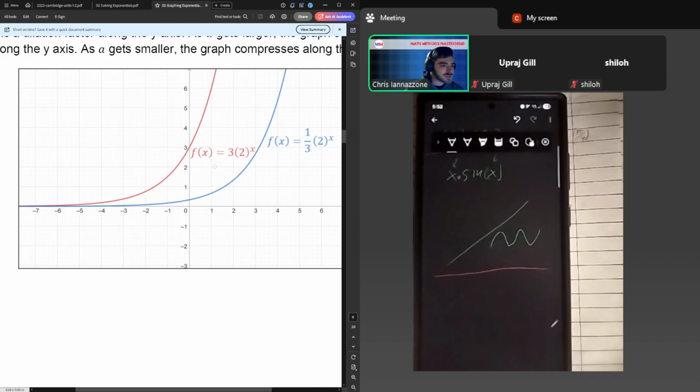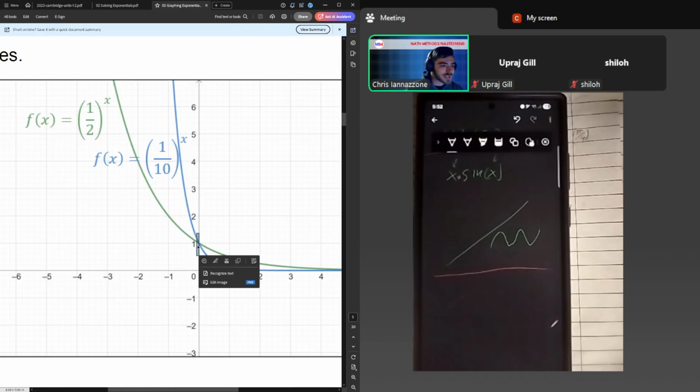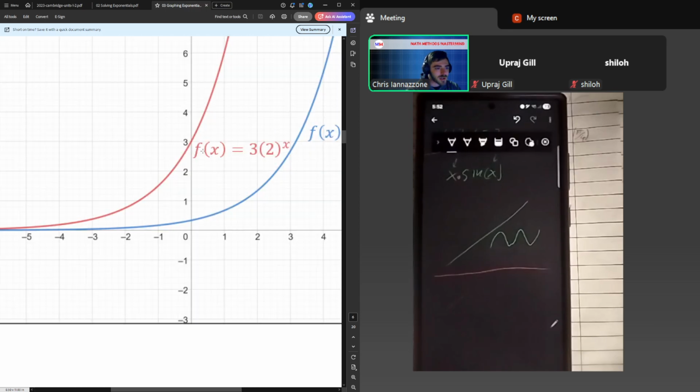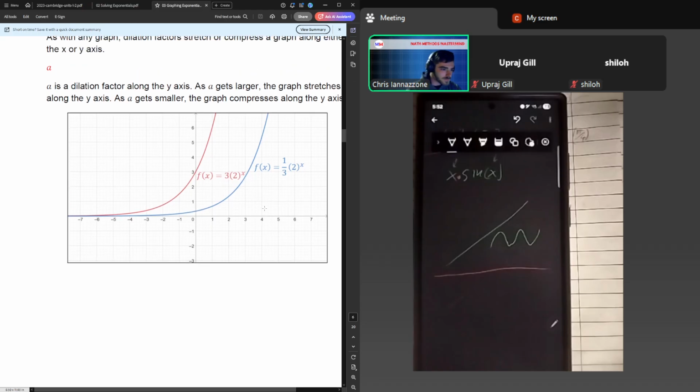Y-axis means x equals 0, and anything to the power 0 is going to be 1, which is why they cross over at the same spot. Whereas when you slap a multiplier on that at the end, suddenly you're shifting that 1 upwards to 3 in this case, or a third in this case.